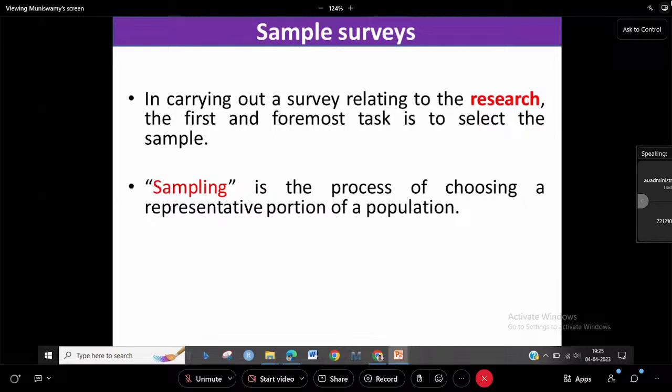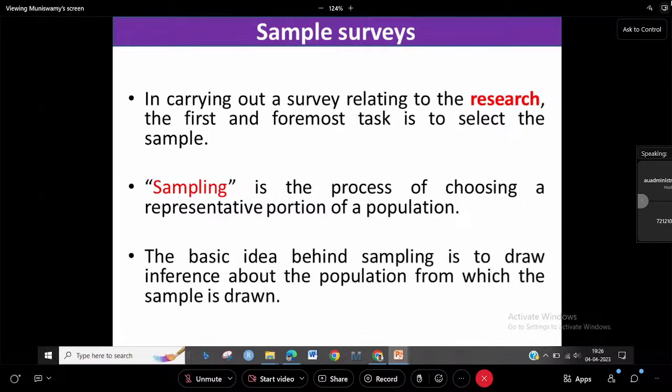To eliminate that bias, you can pick those 10 students randomly, unbiasedly. So for selecting units from the population, you have to apply some tools and techniques. Those are sampling techniques. The basic idea behind sampling is to draw inference about the population from which the sample is drawn.